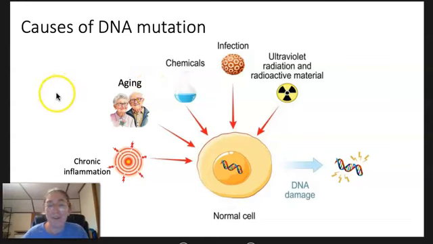As we get older, our cells continue to divide and replicate, and every time our cells replicate, there is a sort of baseline error rate of our DNA polymerase that copies our DNA. Just like when you type a paper, you're bound to have some typos. And yay for spell check and grammar check that helps us correct some of those mistakes.